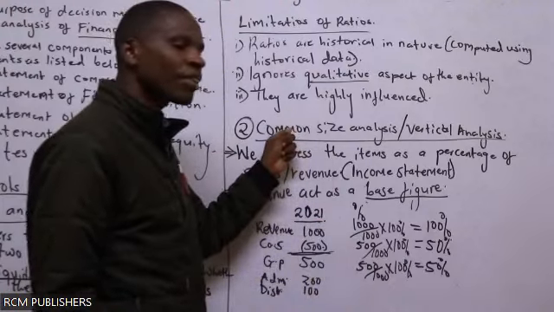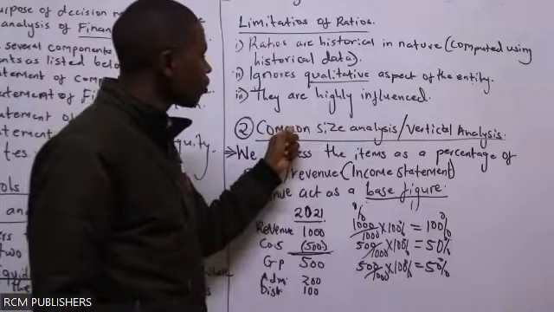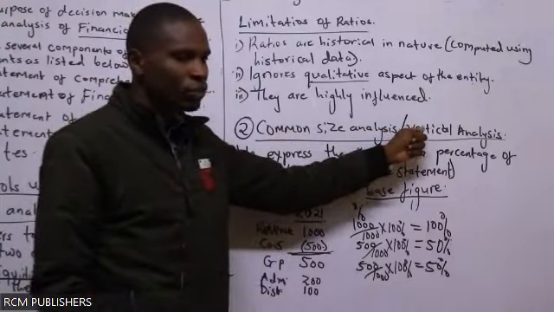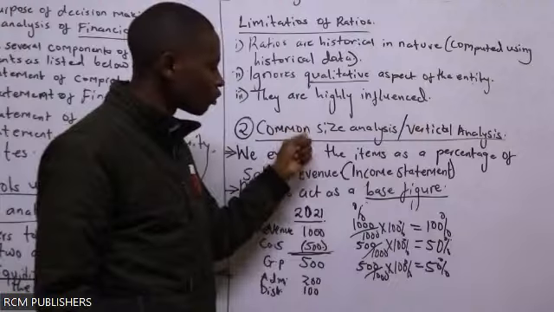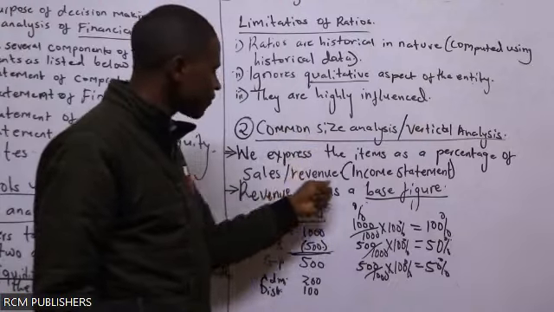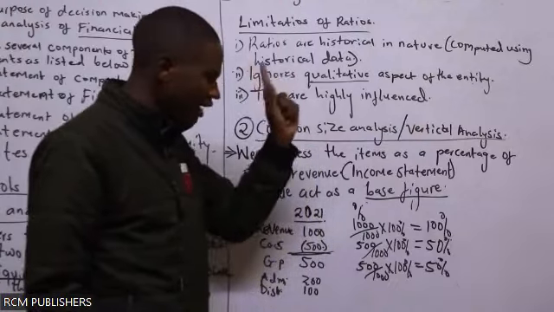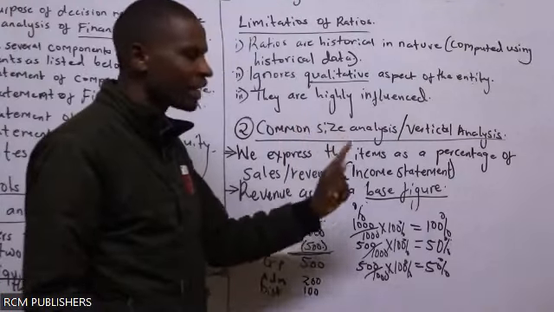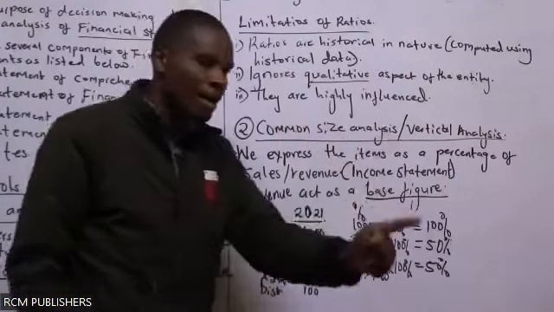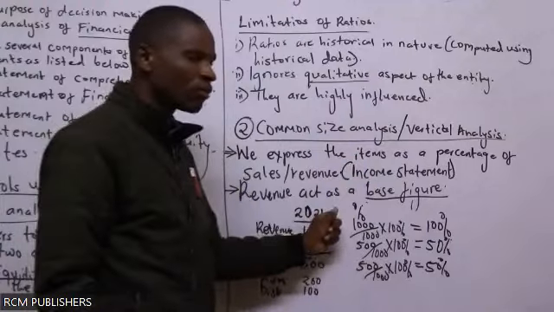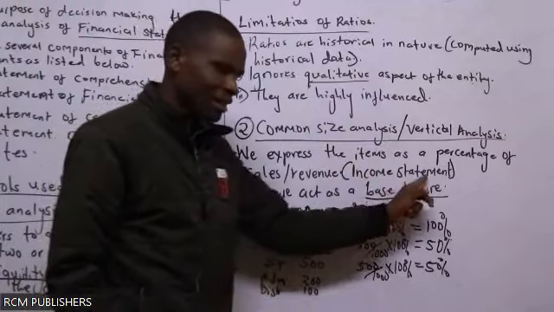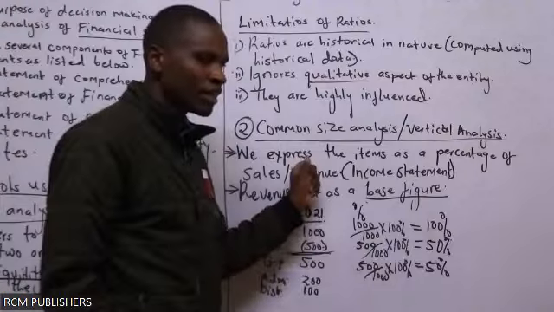Common. Look at the word here, common. Although another time the examiner will tell you vertical. Common. So our sale, just revenue. Revenue is common in every item. But remember, we are talking about under income statement. Under income statement, revenue is common.